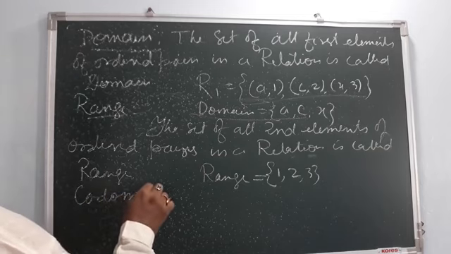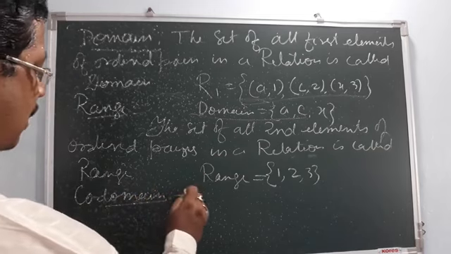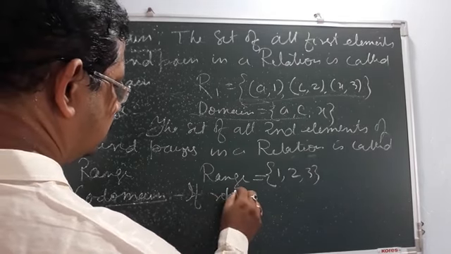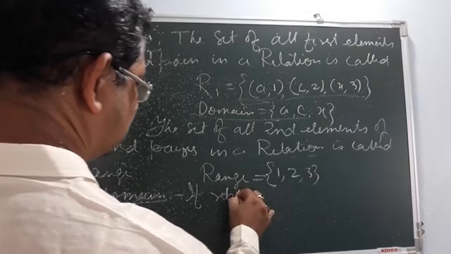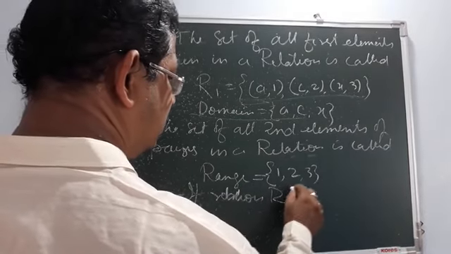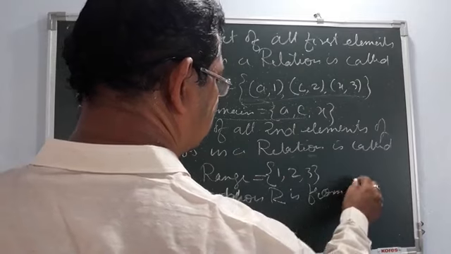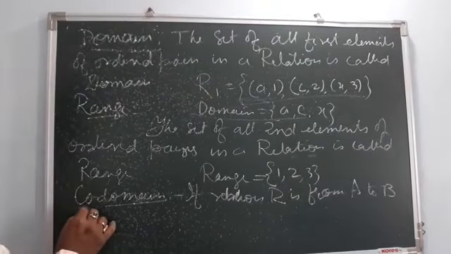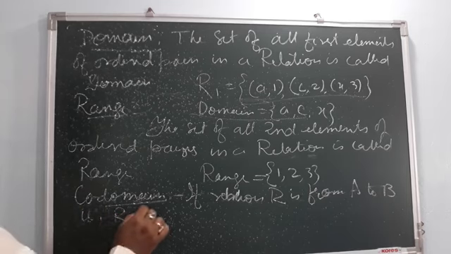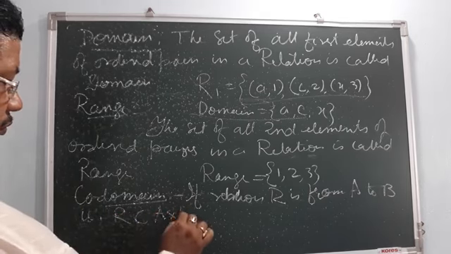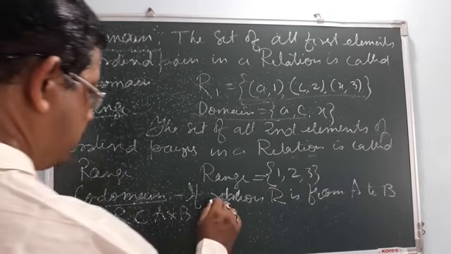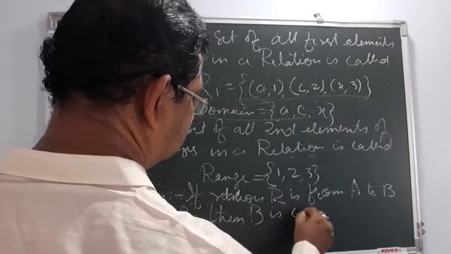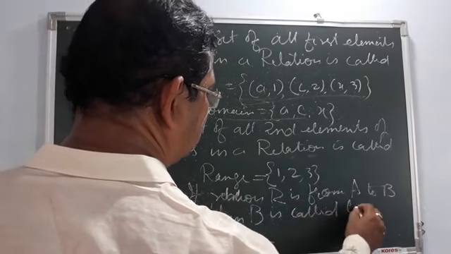Then the whole set B is the codomain we are asking about. If relation R is from A to B, that is, R is a subset of A cross B, then that total set B is called the codomain.